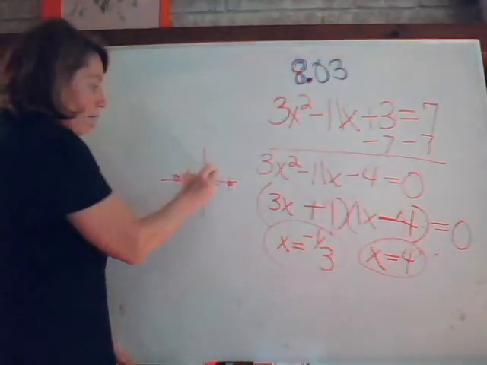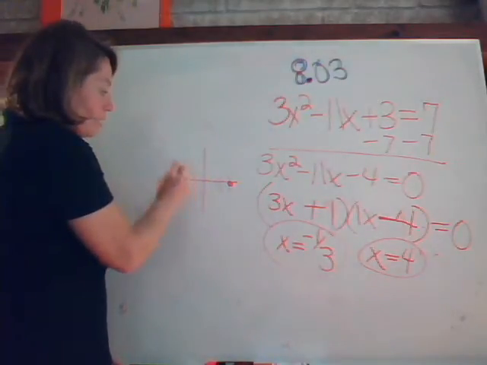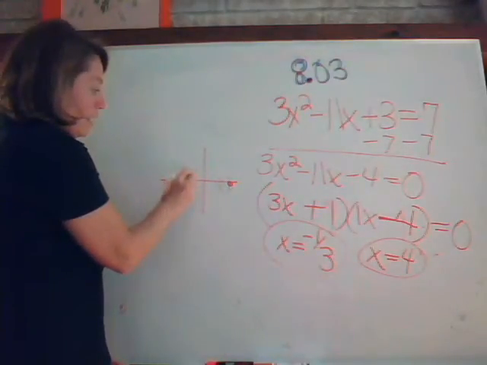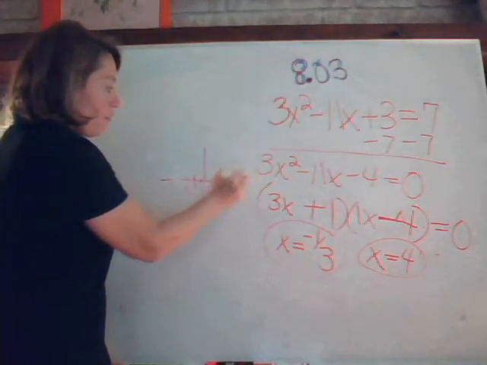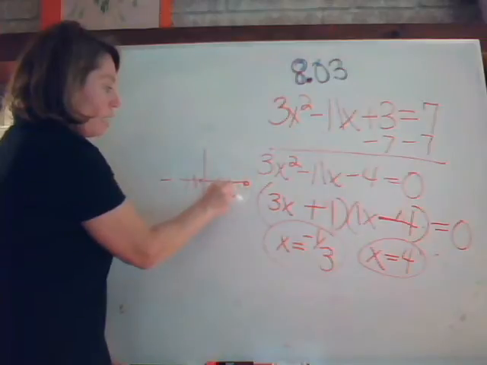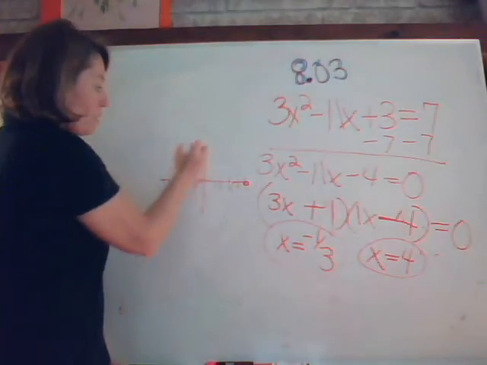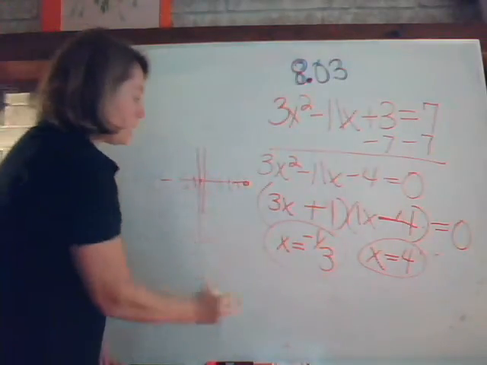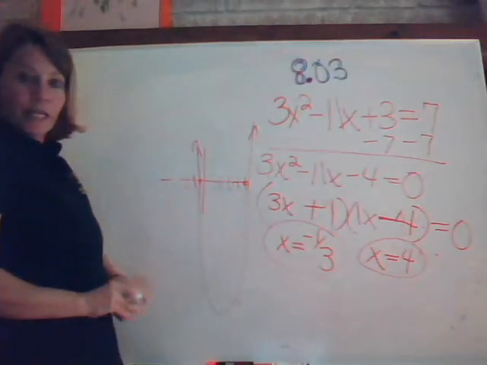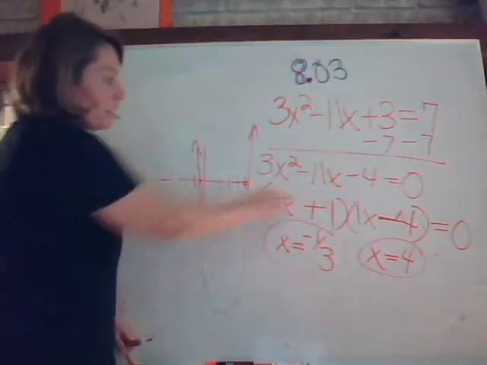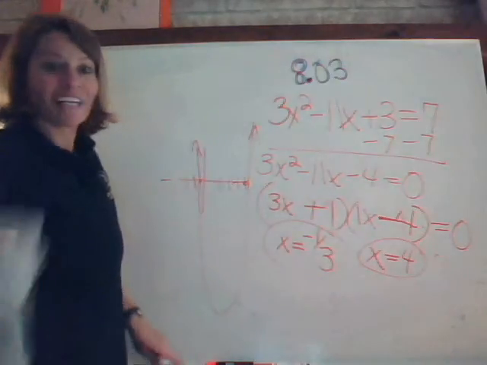On the graph, I would be at negative 1/3 and positive 4. And the parabola faces up, so it's going to be really skinny and face up because of that 3, isn't it? There you go. And that's graphically, algebraically, how to get roots.